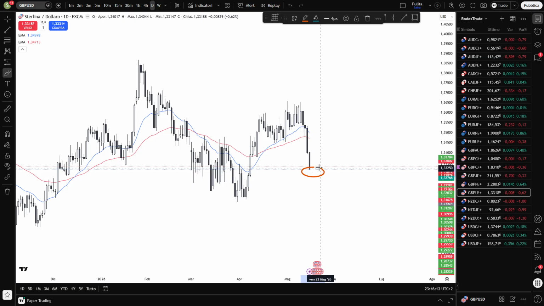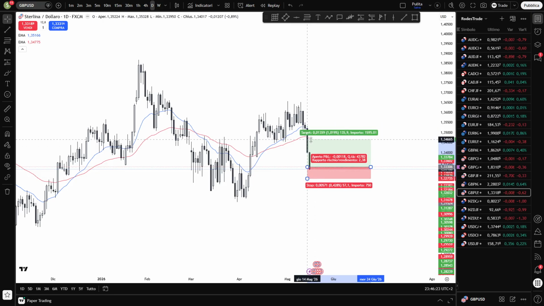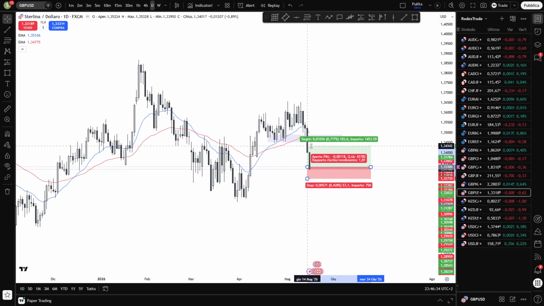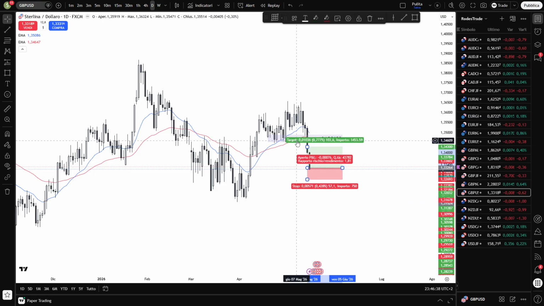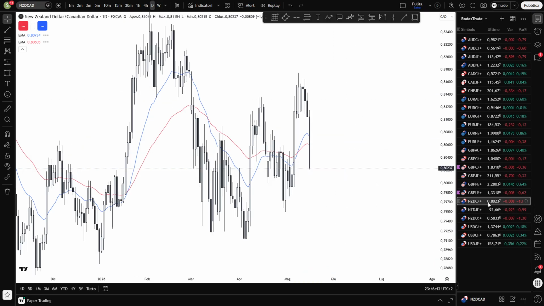If price is still around here when the market opens, I might look to take a trade as well, and it will look something like this. I will love to take profits before this barrier here, which also coincides with the moving average. So I will want to be out of the trade before the moving average and before the barrier. So that could be something. Let's mark this.